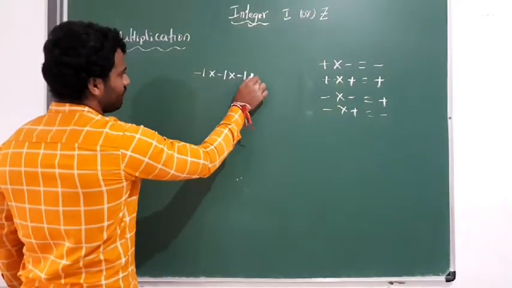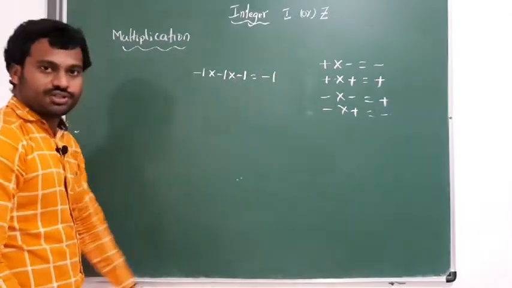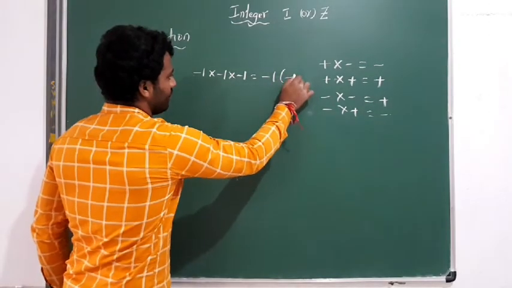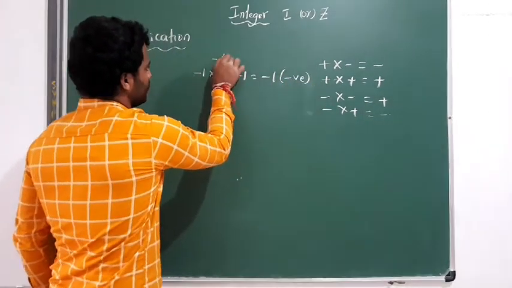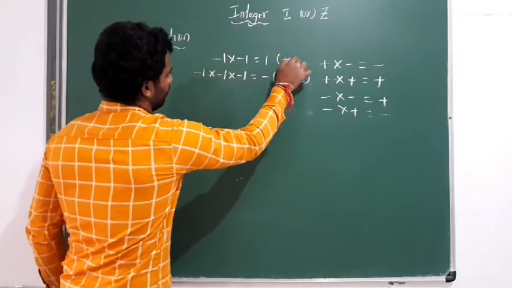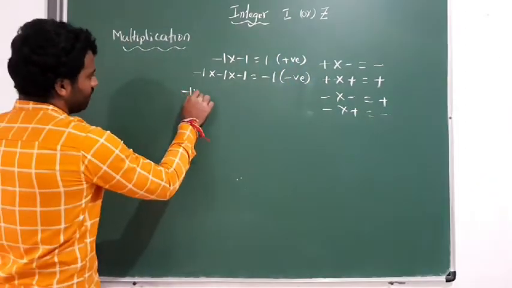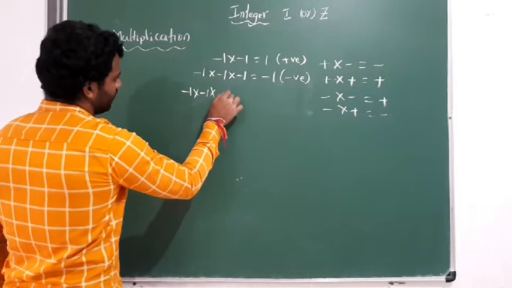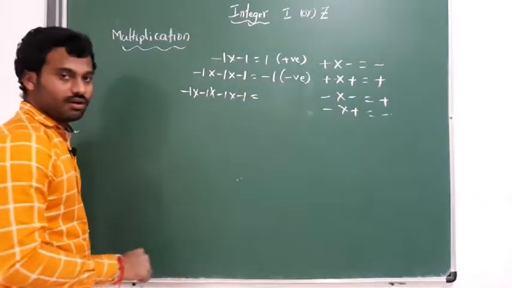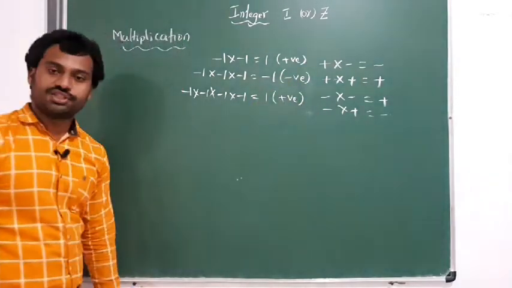Minus into minus is plus, plus into minus is minus. However many times you multiply 1, you also get 1. So we get a negative number. Twice, you get a positive number. Four times, if you are multiplying minus 1 into minus 1 into minus 1 into minus 1, clear or not? We get a positive.